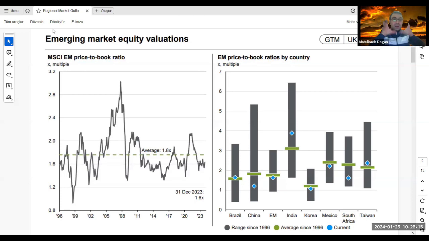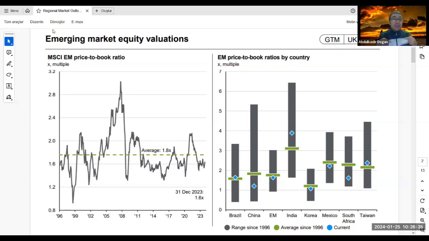They assign a grade to your country. For instance, the United States is AAA minus, Germany and Australia A plus, and Turkey is BB minus. What does this mean? Below investment grade.